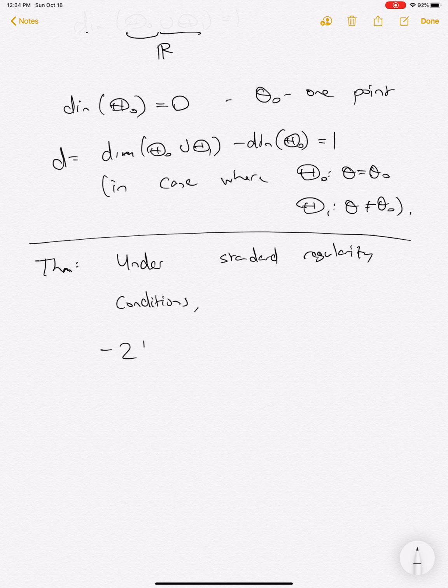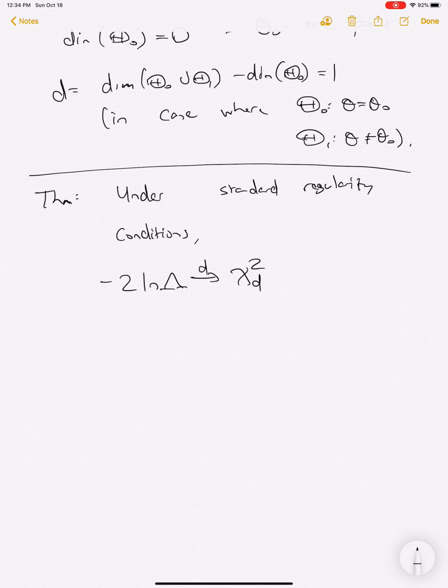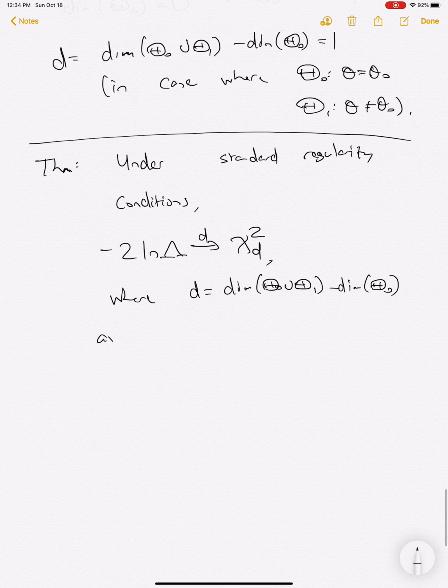So if you look at -2 times the ln of gamma hat, that's going to converge in distribution to the chi-squared with degrees of freedom d, where d equals this dimension minus dimension of theta 0. And this is as n goes to infinity.